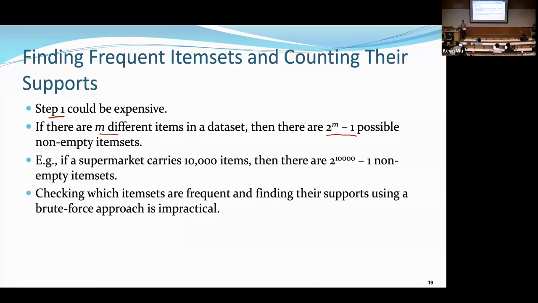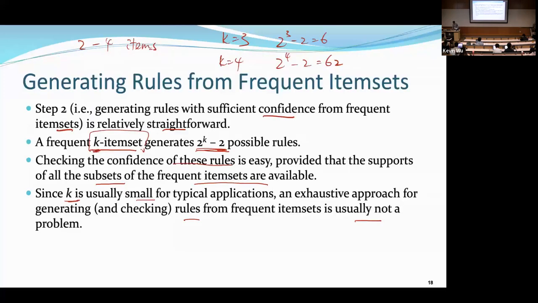Now, the reason why this computational problem is so much more expensive than step 2 is that, if you look at the cost, this is 2 to the power M minus 1 possible item sets. Each one of them could be frequent. Previously, there are 2 to the power k minus 2 possible rules for you to check. The difference is that this k is usually fairly small, right? As I said, the size of a frequent item set is usually not very big.